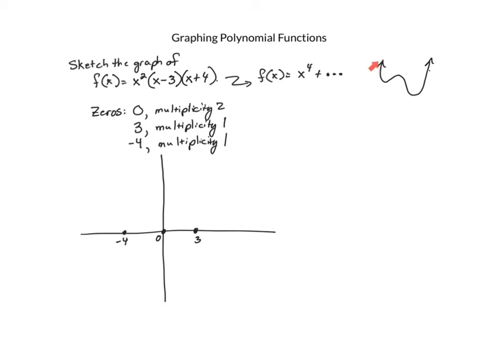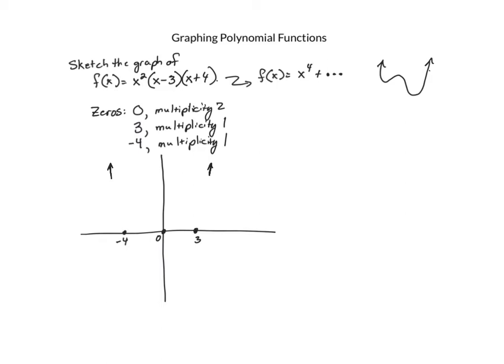We know it will be above, coming from up here to the left. That means over here, the graph is up here. And then over to the right, it's going to be up there as well. So sometimes I just put a little mark there going, okay, my graph is going to be here and here. And then I use the zeros and the multiplicity of those zeros to help me come up with the graph.